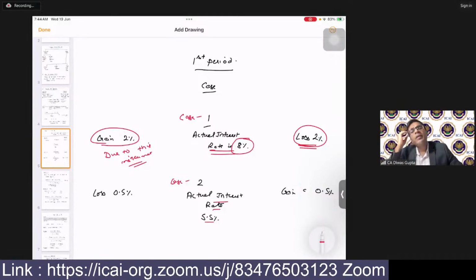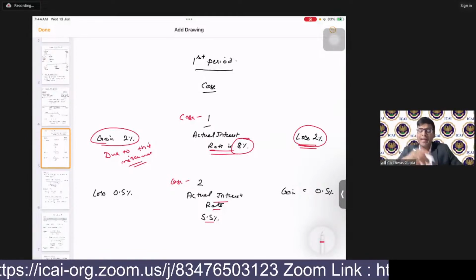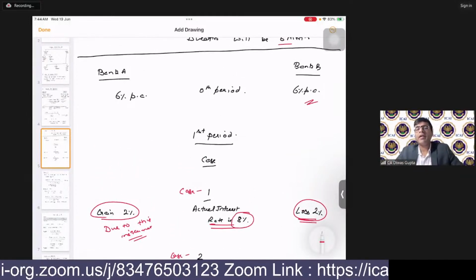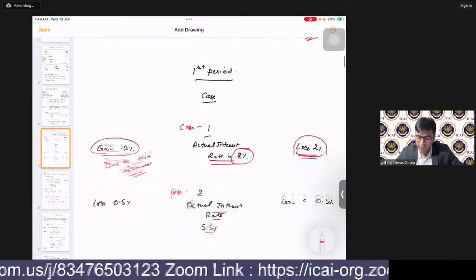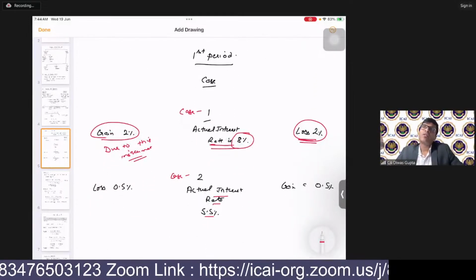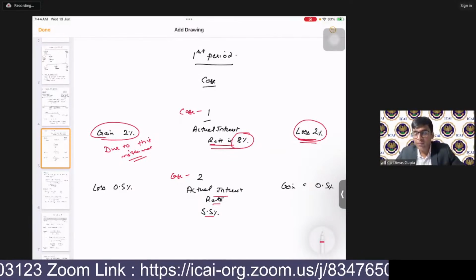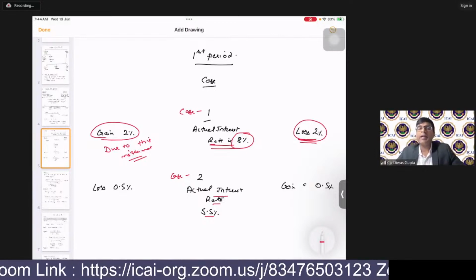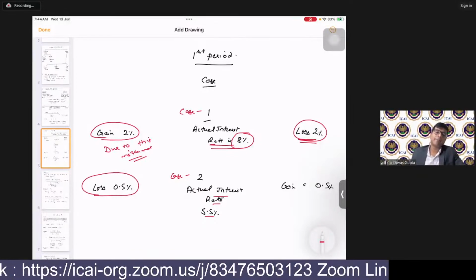In case the actual interest rate becomes 5.5%, now think from Bank A's perspective. Bank A will say, I have a commitment to borrow at 6% per annum. However, the market is offering me only 5.5%. So I would have been in a better position if I had borrowed from the market. Now, because this is a commitment, I end up losing 0.5% compared to the market.